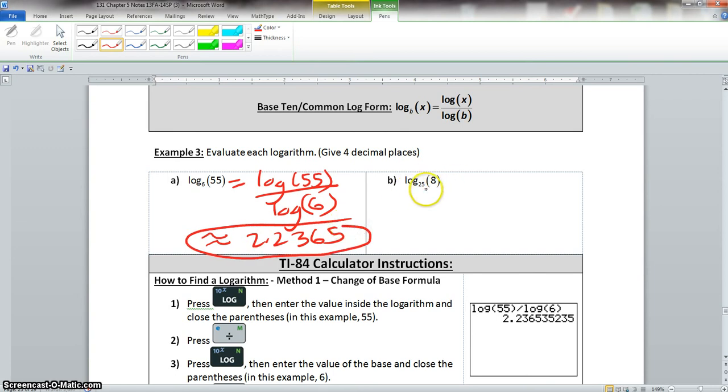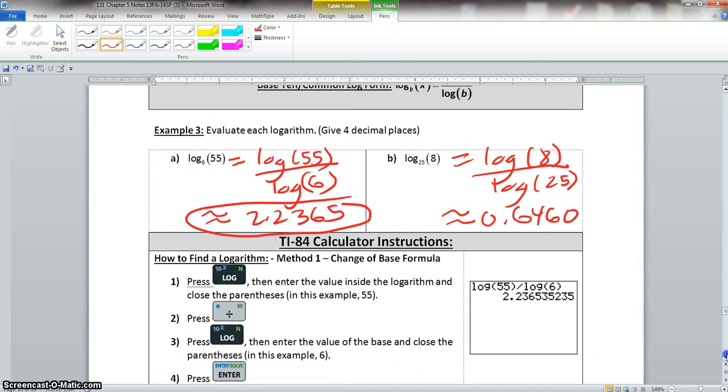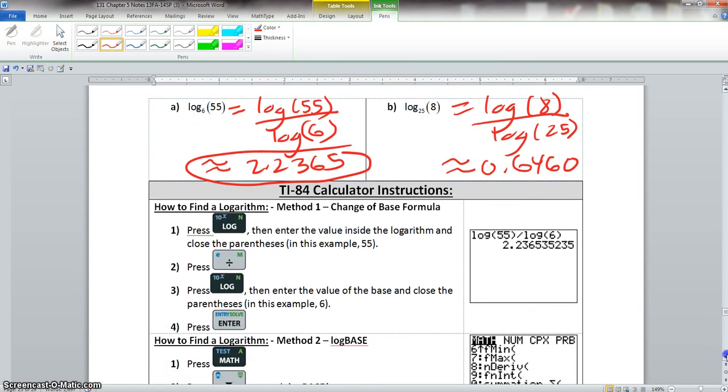Now we go here, we have log base 25 of 8, so that will give us log of 8 divided by log of 25, and that will give us an approximate answer of 0.6460.